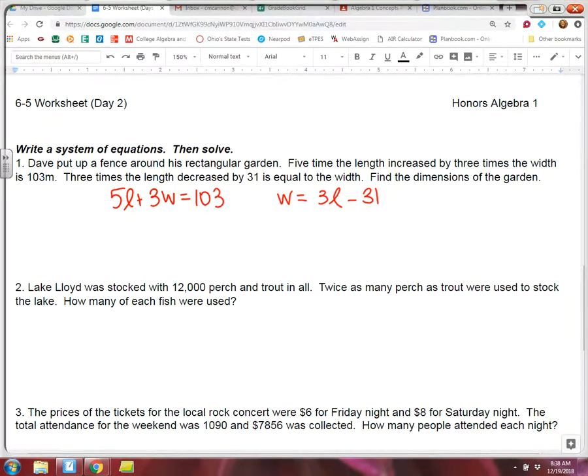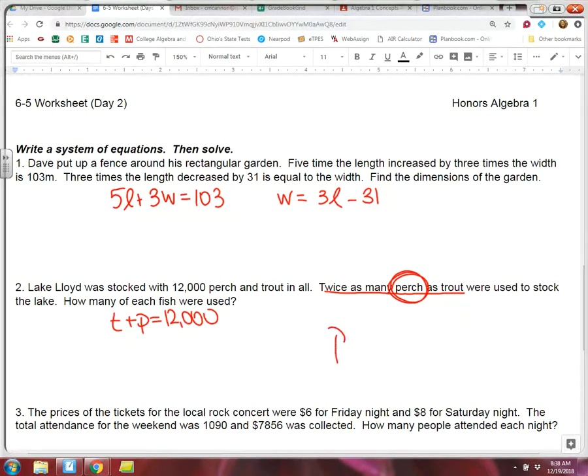Would anybody like to talk about that one? Did anybody have them backwards? Yes, okay, so let's talk about that then. Hopefully, everybody had this equation correct, right? Yes? Okay, now it says there were twice as many perch as trout. Is that talking about the perch or the trout? Twice as many perch.